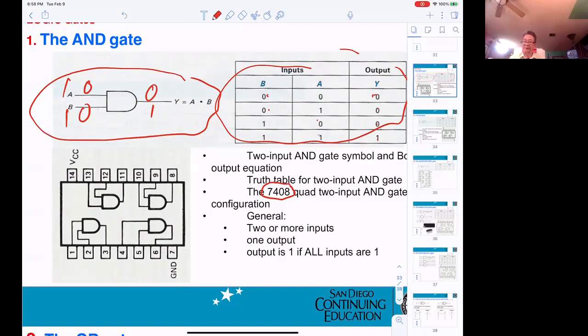However, this is the important thing here. They say output equals 1 only if all inputs are 1. Okay? I'll give you an example here.